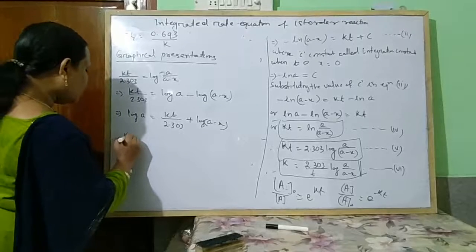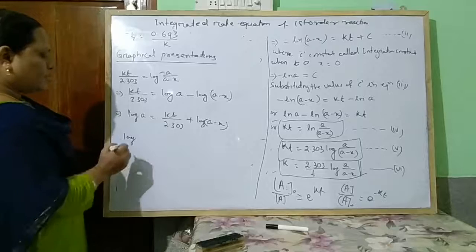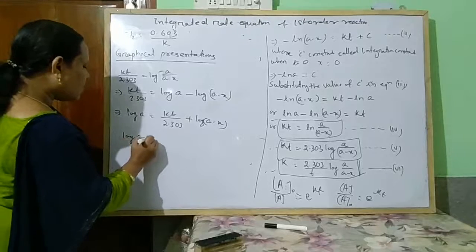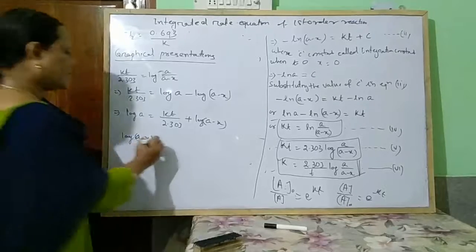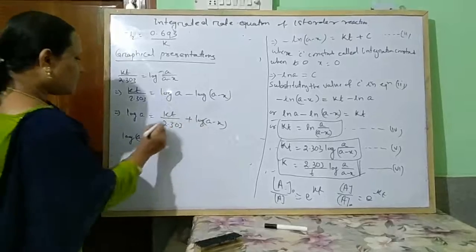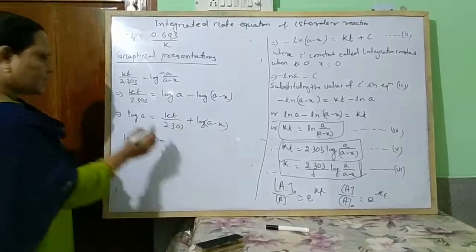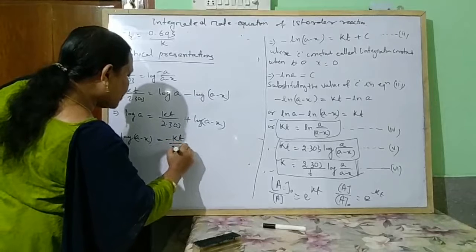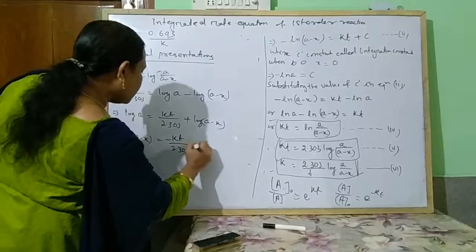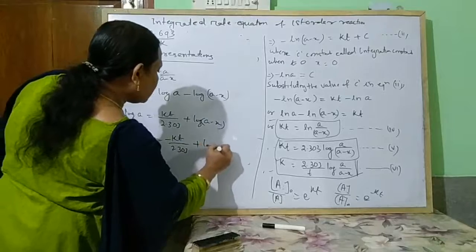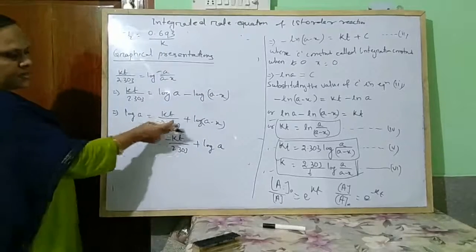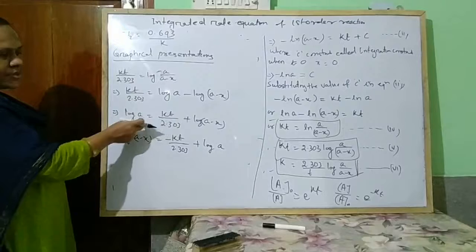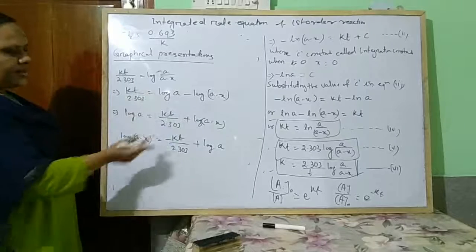When we draw this, the equation can be written as log A minus X. Suppose log A minus X, this side comes here, it gives you minus kt by 2.303 plus log A. Okay, I have just rearranged.